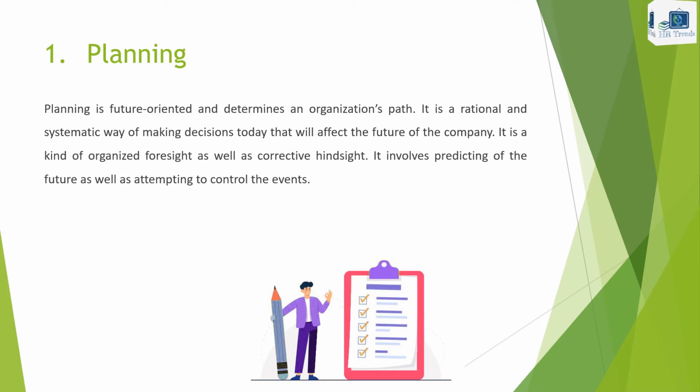It's a kind of organized foresight as well as corrective hindsight. It involves predicting the future as well as attempting to control the events. It involves the ability to foresee the effects of current actions in the long run in the future.